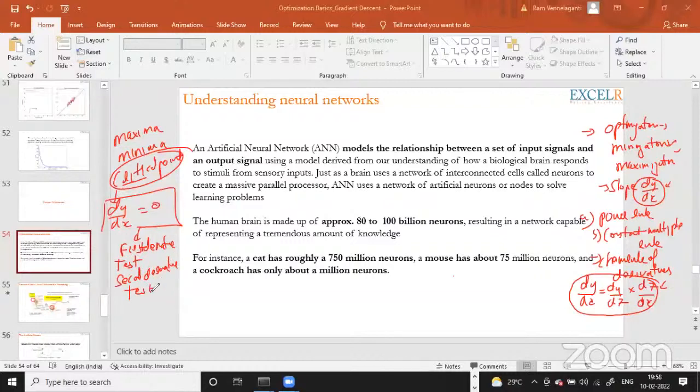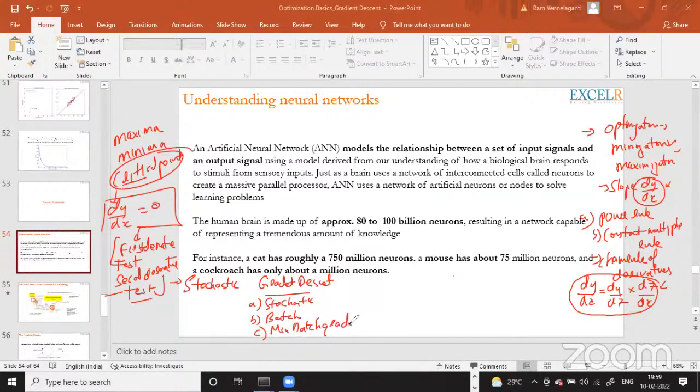Try to remember these concepts. And then finally, gradient descent. What are the different variants of gradient descent? One is stochastic, one is batch gradient descent, another is mini batch gradient descent. So revise all these concepts.